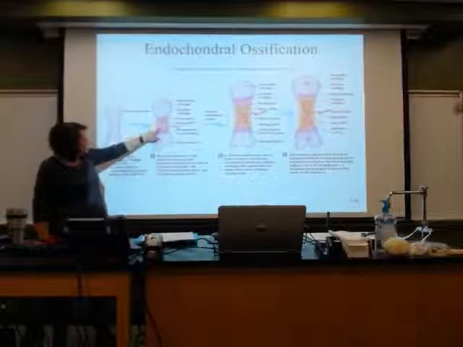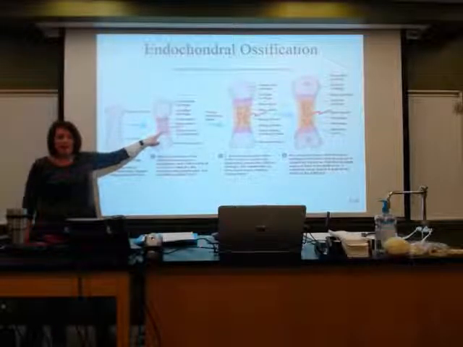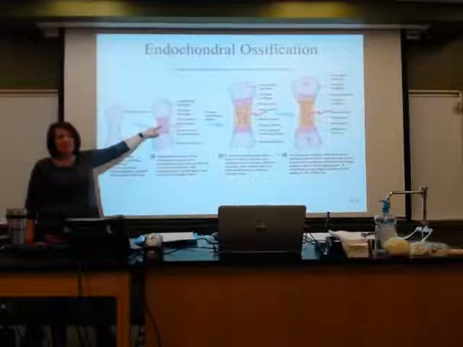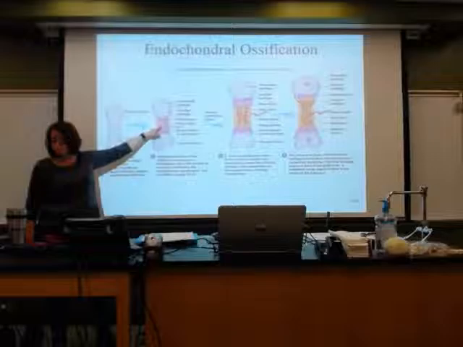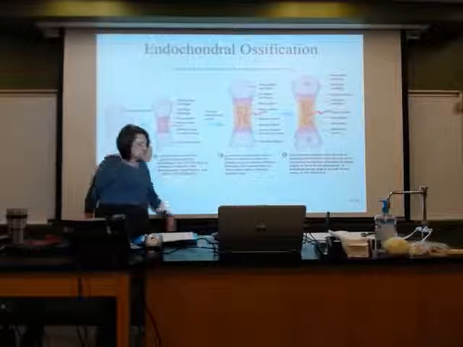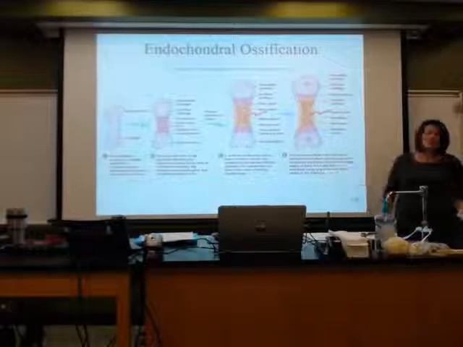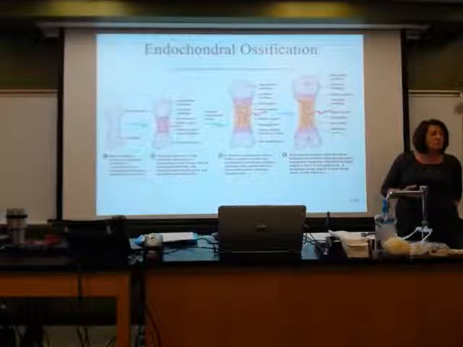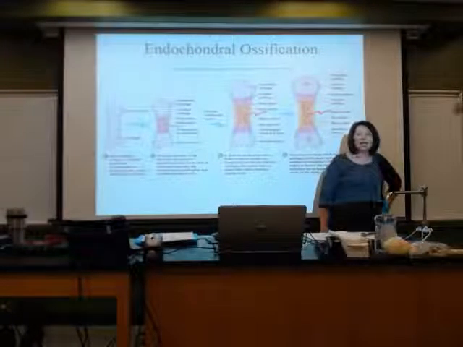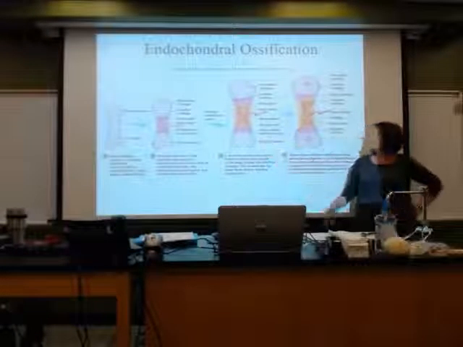So calcified cartilage is now showing up in what looks like the diaphysis of that bone, the shaft of that bone. Now, as development continues to take place, in other words, continuing to grow, continuing to develop, all right? What else? What's happening from here to here?